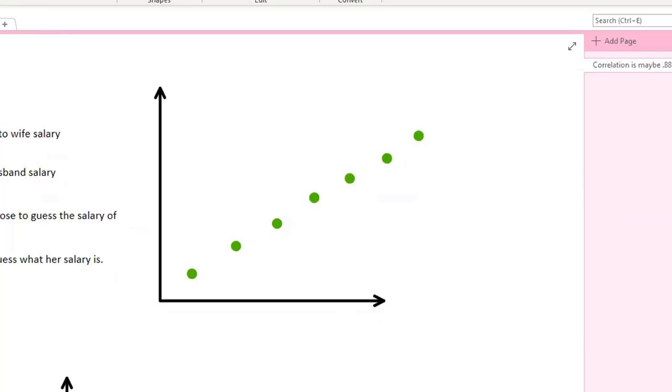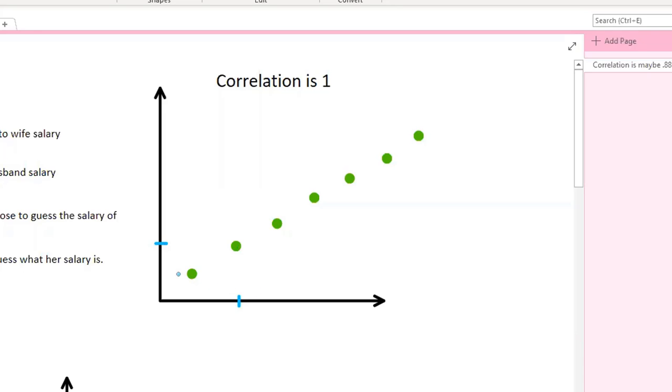So what do I mean by that? That means that if I know the wife's salary, I can predict exactly what the husband's salary is. There's no play. It's not like it could be up here and could be down here. If this is the wife's salary here, then I'm going to predict exactly this for the husband's salary.